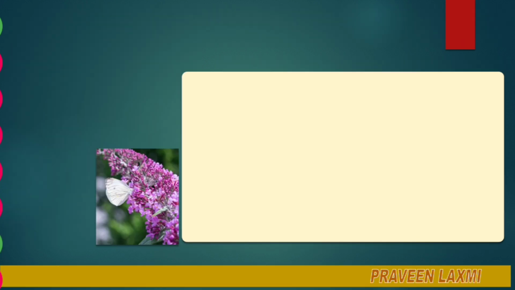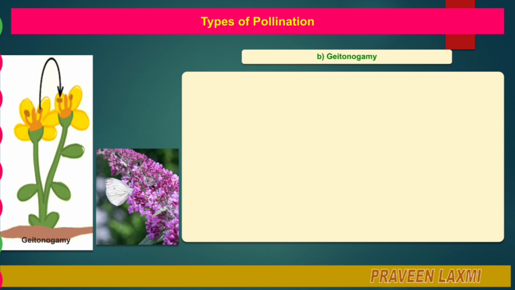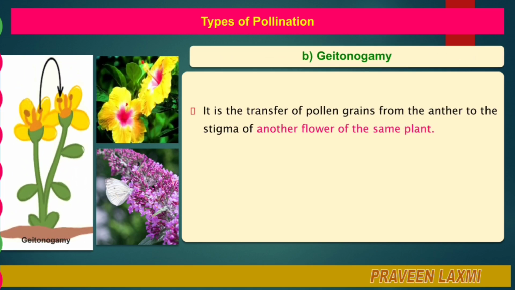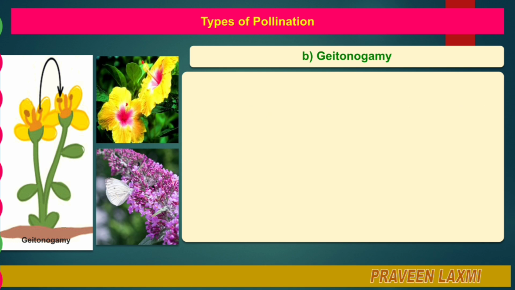The next type of pollination that we are going to discuss is geitonogamy. What is geitonogamy? It is the transfer of pollen grain from the anther to the stigma of another flower of the same plant. So in this case, the plant is the same. Am I clear, students? Please make a note.